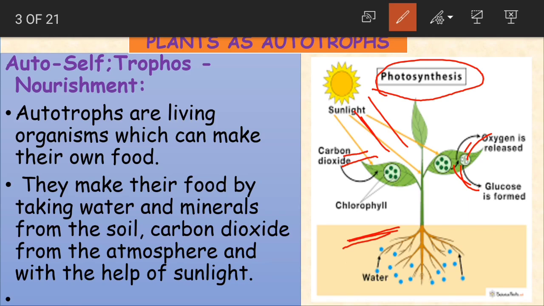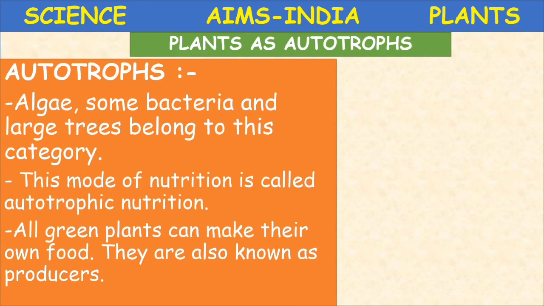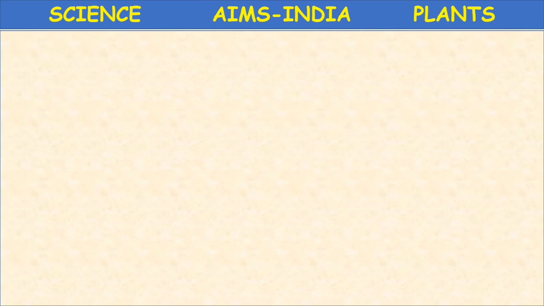The glucose gives energy to the plant. That is the food of the plant, children. Clear, children? So we'll continue with the next slide. As we said, algae and some bacteria are autotrophs.